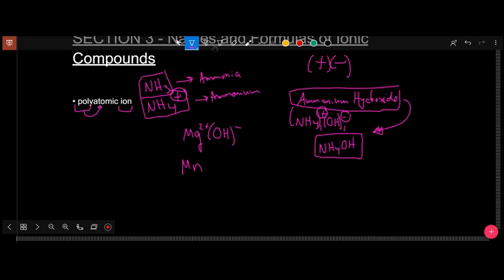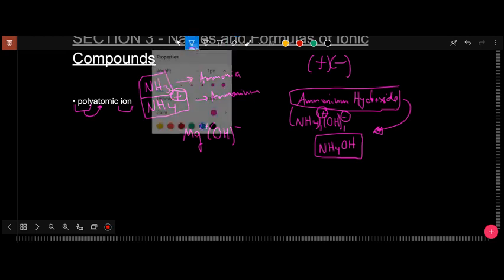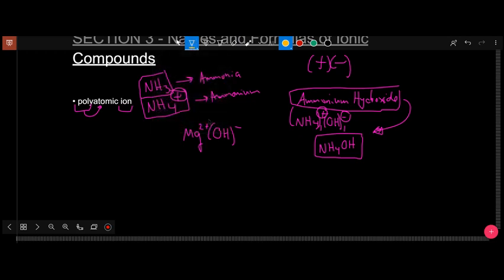Let me erase my manganese here. What's going to happen here is we are going to need to take this 2 and crisscross, take this 1 and crisscross, okay, and then I'm going to have 1 part magnesium, which I don't have to write, there's only 1, and then hydroxide will be in parentheses and a 2 on the outside.